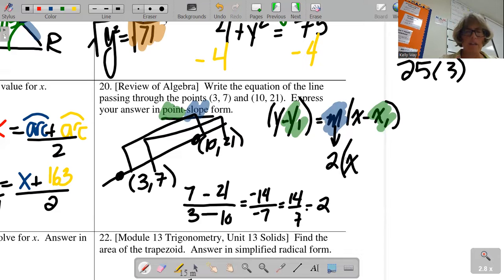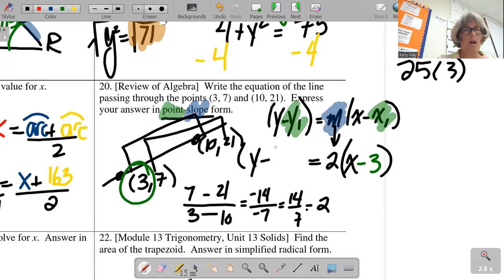And we have x, and then as far as your point, you can choose either point. I'm just going to choose that one, so that x, I'm going to go minus x1, y minus y1. Point-slope.